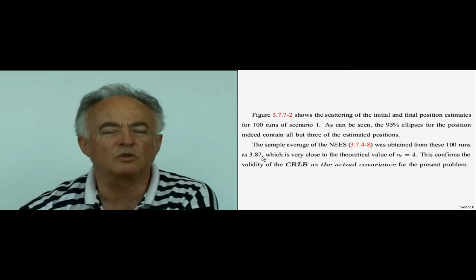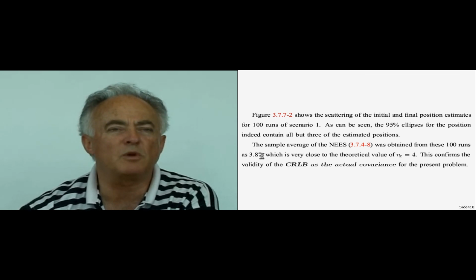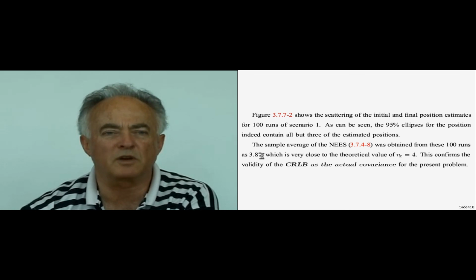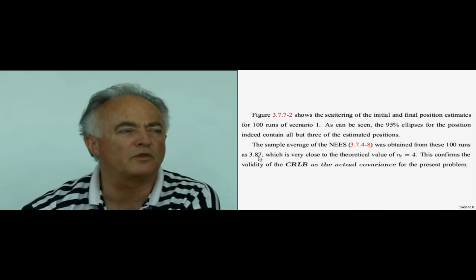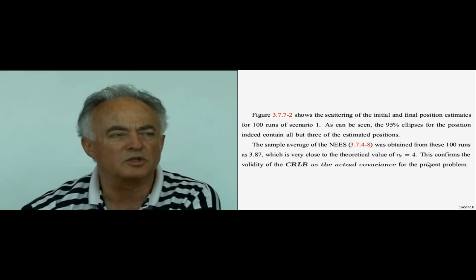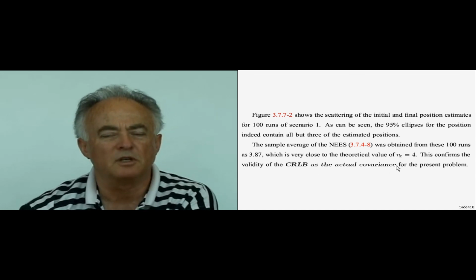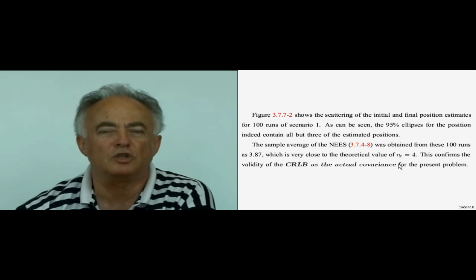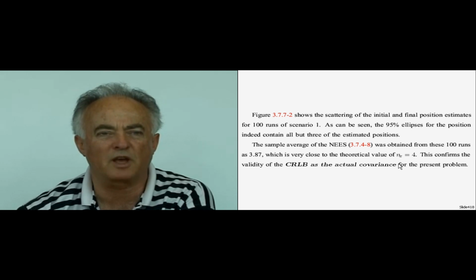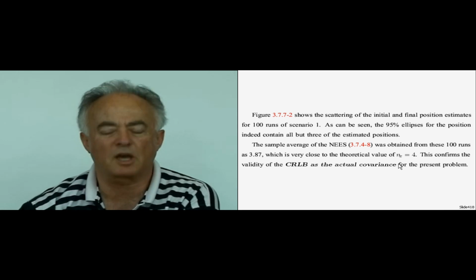So that region, between 3 and 5.2, is the region within which it has to lie with 95% probability. We find it well within the region, and this confirms the validity of the CRLB as the actual covariance for the present problem. And remember, this is the only covariance you can obtain in this case. So it's very important that the CRLB is useful not only as a bound, but as an actual value. So the hypothesis that the estimator is efficient can be accepted.